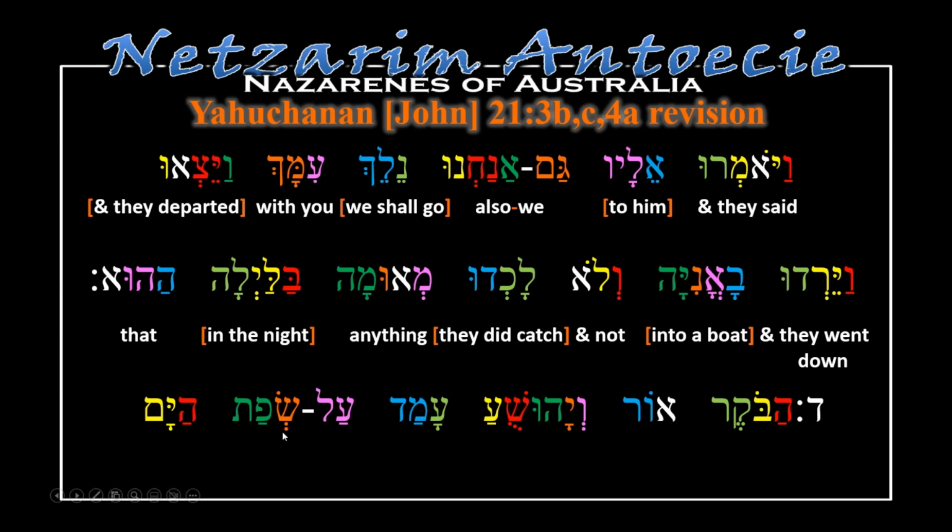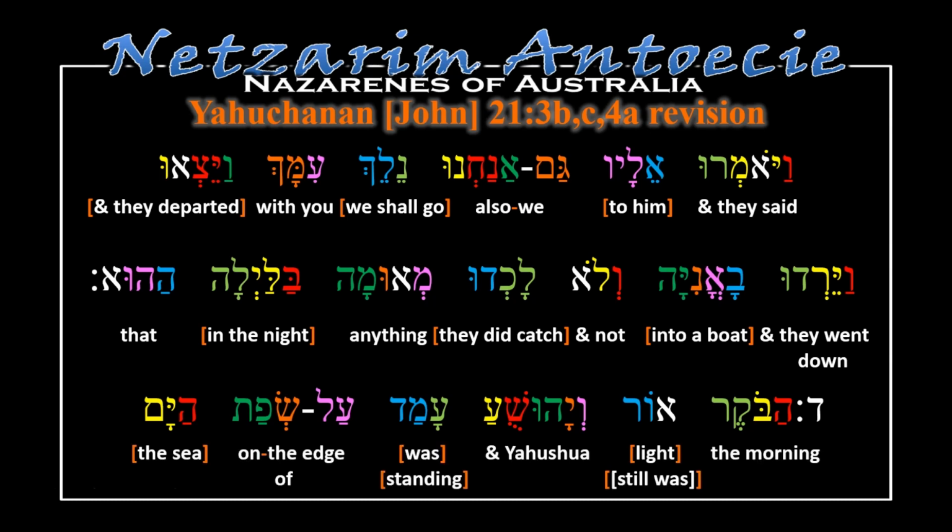Al upon Sefat, meaning the lip or the edge. The edge, because we're talking about the sea. Ha-Yam, meaning the sea, the edge of the sea. The morning light still was, and Yahushua was standing on the edge of the sea.